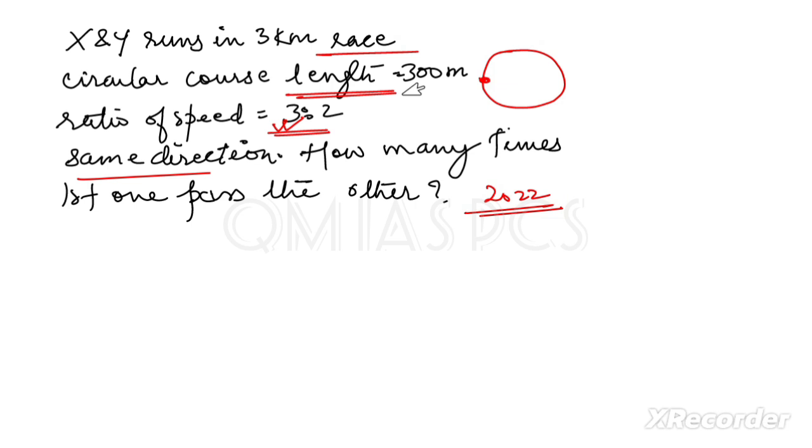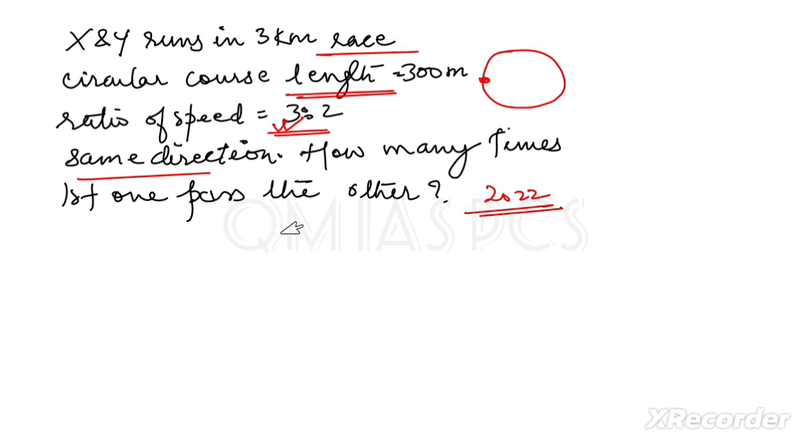When you are 300 meter ahead of that slower person, then you will meet that person. Okay, got it?